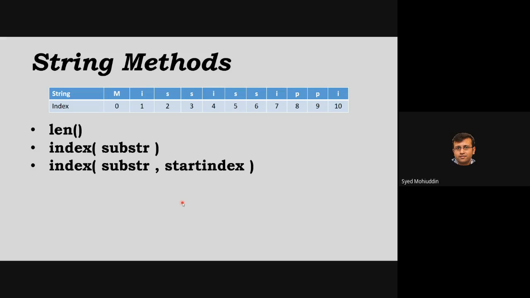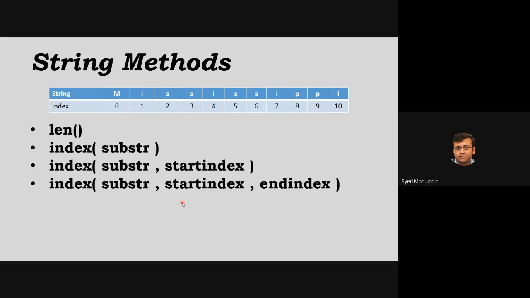Then index has another overloaded method, where we pass substring comma start index. Start index means from that position start searching for the substring. And then we also have start index and end index. Remember here it is not past index, it is end index. So you can specify between this index till this index, search for that substring.